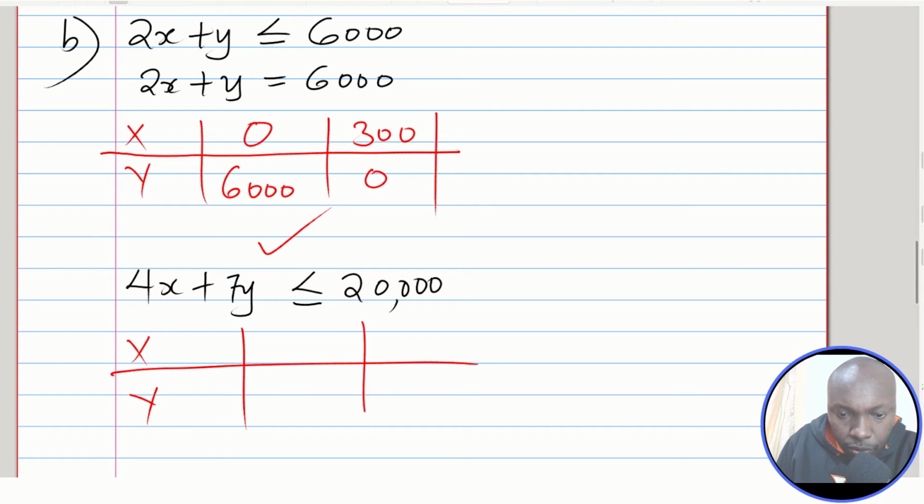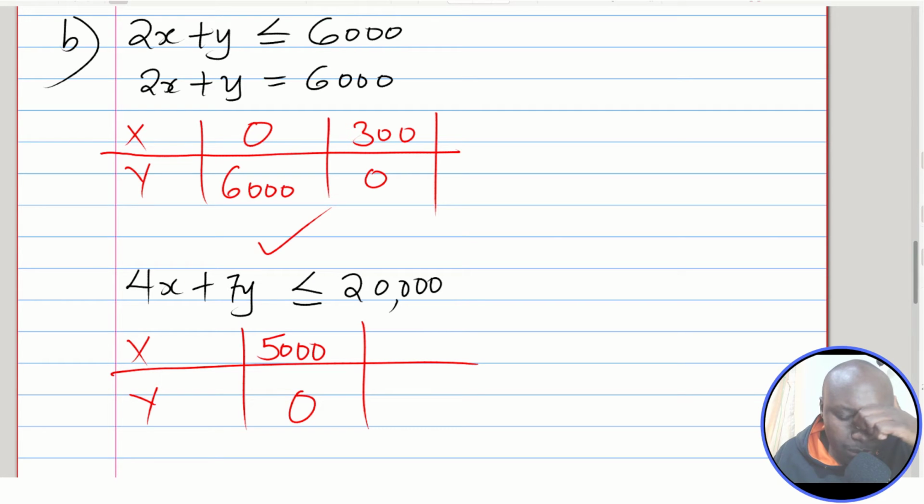Any 2 points will give us the straight line. So let me choose when y is 0. Just replacing this inequality, when y is 0, x will be 5,000.